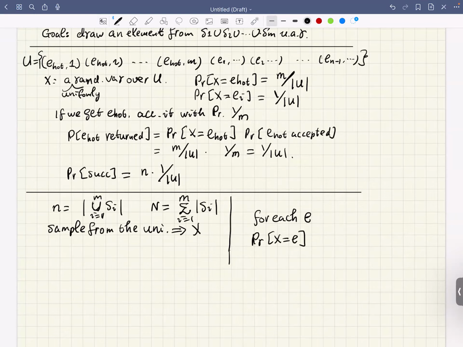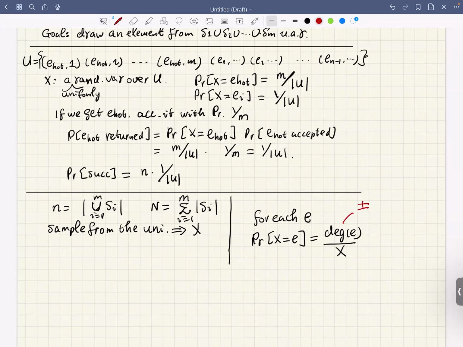You see, from the universe, every pair gets picked with the same probability. That's 1 over big N. So how many pairs does this element have? That's essentially the question. You can see this element has as many pairs as the number of sets containing it. So this is what I would call degree of Y. What is degree?